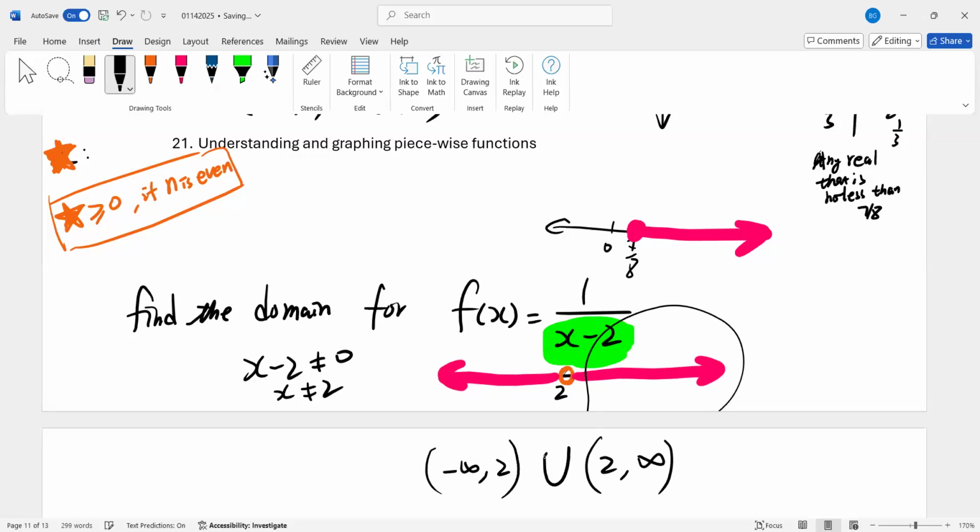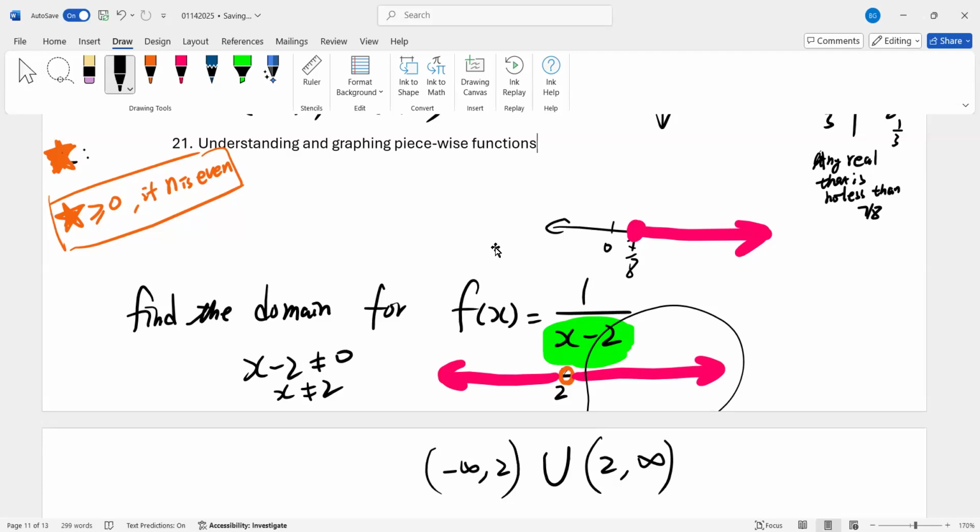The reason we use parentheses for this 2 is because 2 is excluded. So yes, this is the domain. Perfect. Thank you, Kaida. What about other students? Do you all understand? Do you have any questions? No. Very good.